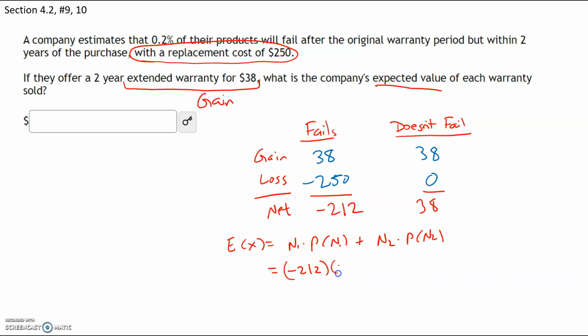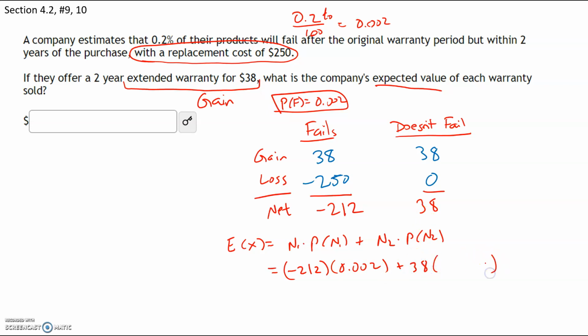Okay, and that probability, so what percent of products fail? It's 0.2%. The probability of a product failing is going to be 0.2%. You have to convert that into a decimal. So to convert that to a decimal, we're going to divide by 100, and that'll be 0.002. So the probability of failure is going to be 0.002. All right, the second net is going to be $38.